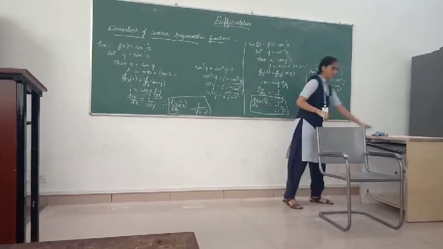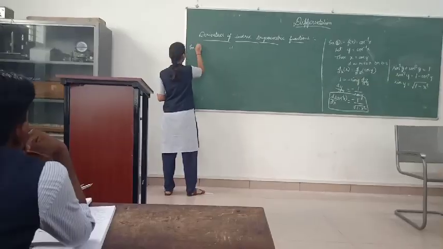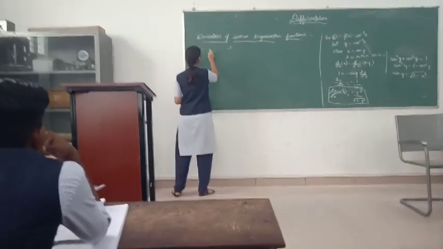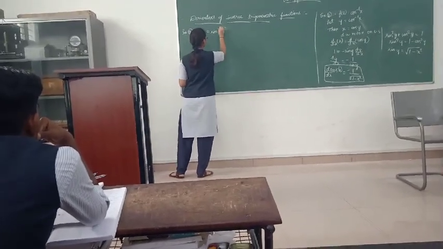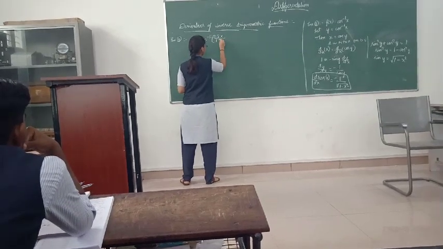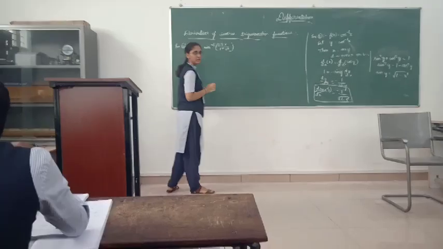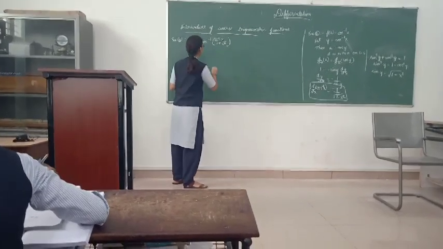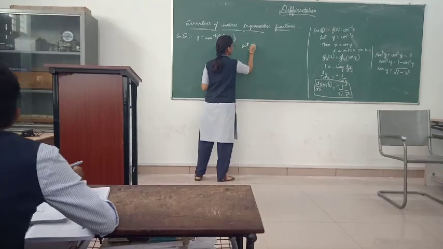So let's take another example. y is equal to sin inverse of 2x divided by 1 plus x square. We have solved this type of problem in inverse trigonometric functions. So here we need to put a value: put x equal to tan theta.